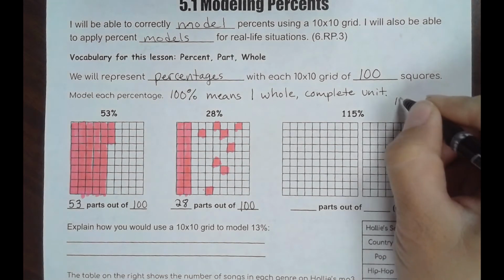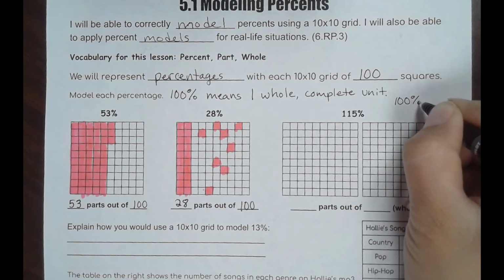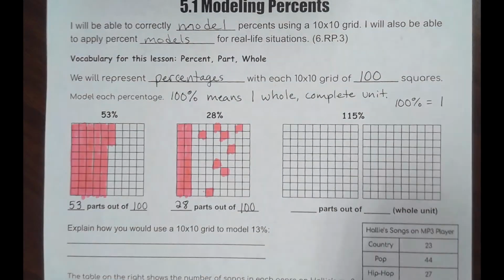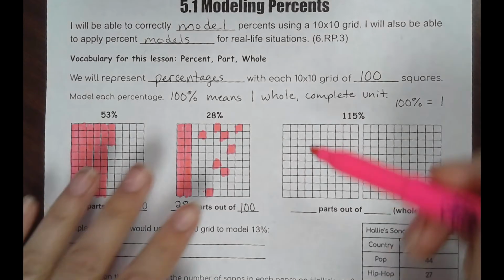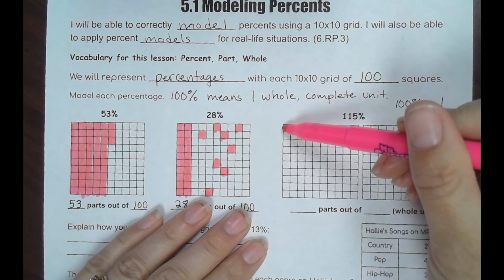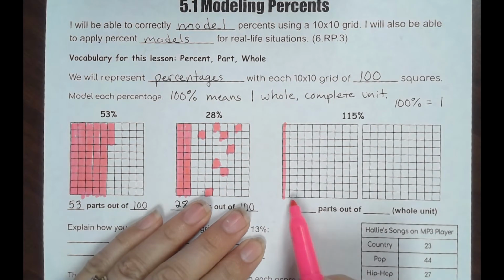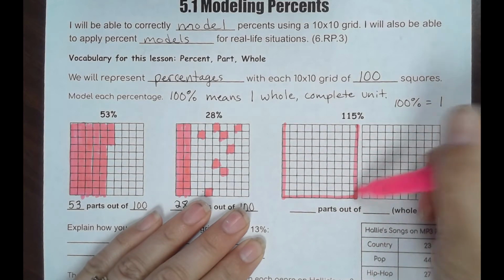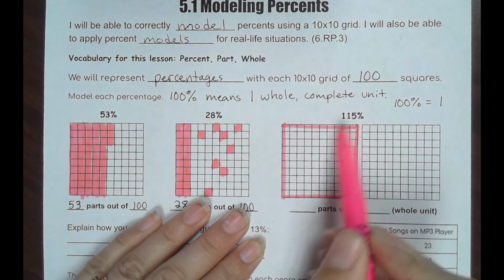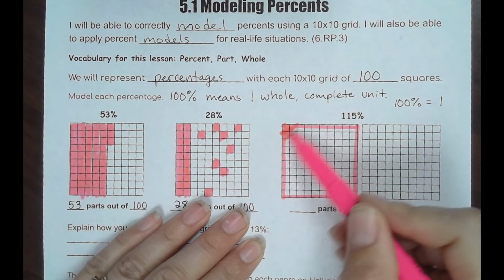So 100% is equal to one whole. So with that in mind, how can I model 115%? So 100% is one whole complete unit. I want you to shade in one whole complete unit, which is one of these 10 by 10 grids. So we're going to color in this entire thing.